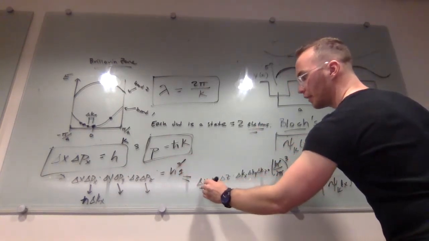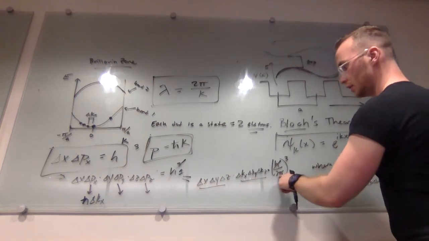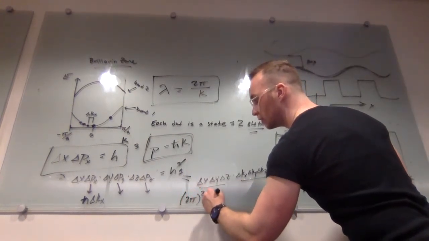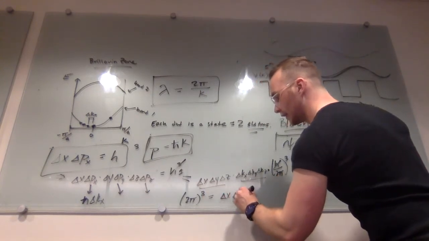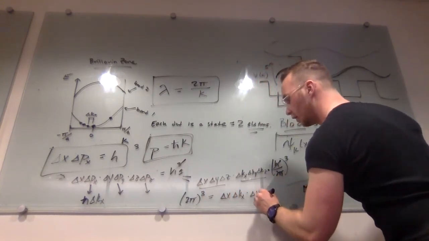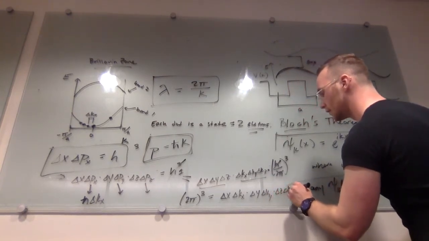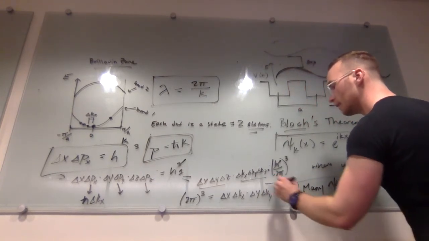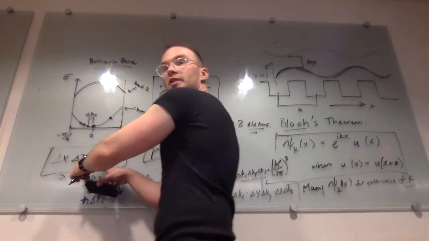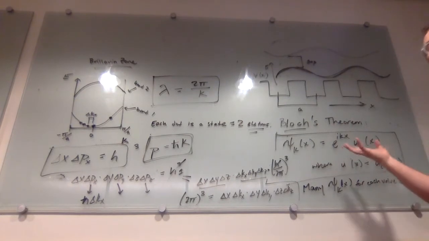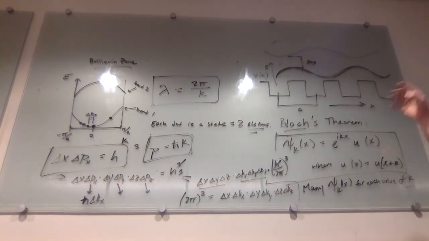And now we get that this times this equals, and we can move the 2 pi over, so 2 pi cubed is equal to delta x delta kx times delta y delta ky times delta z delta kz. That was the point of the question: to go from the uncertainty principle of states, just cubing it to get it in 3 dimensions, which is a totally fine thing to do.